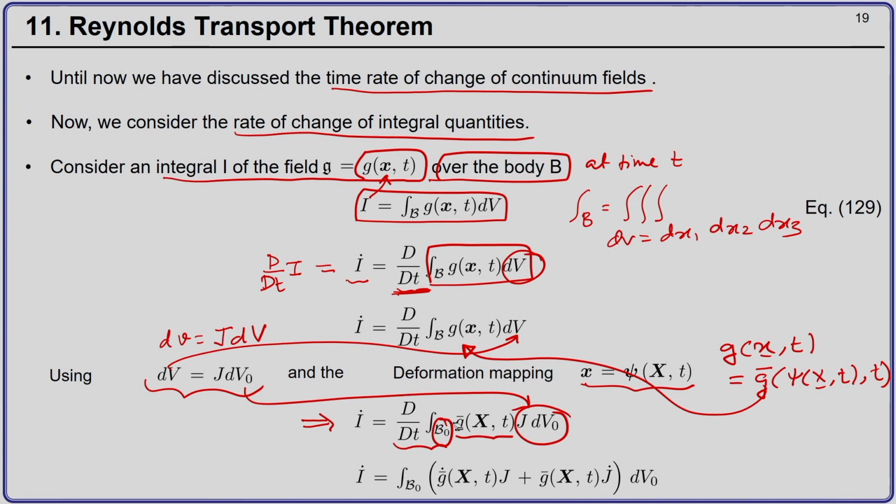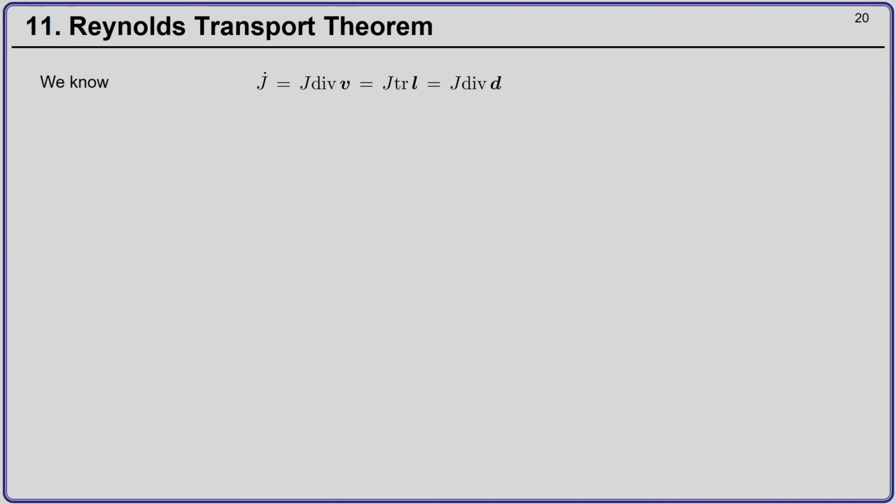So I have to take the time derivative of this integrand g bar J. The time derivative of g bar J is nothing but g bar dot J plus g bar J dot. Now, from our previous discussions, we know that J dot is nothing but divergence of v, the trace of L. So J dot is J times divergence of v.